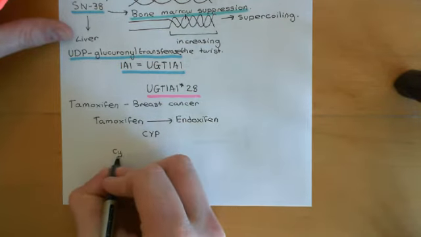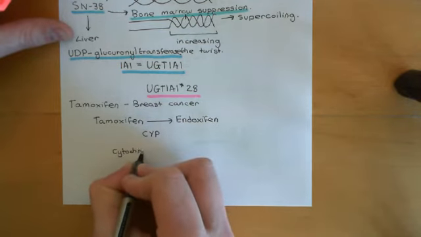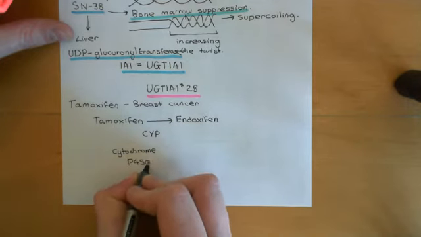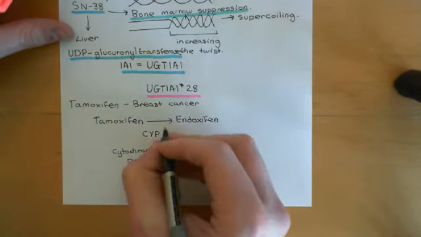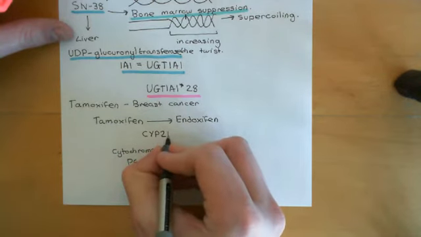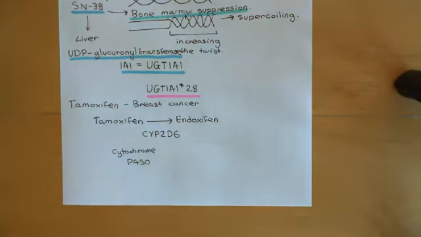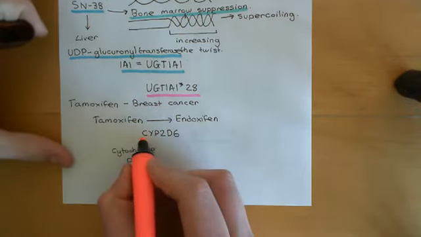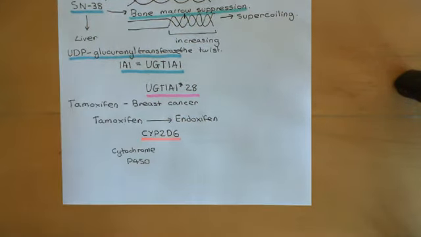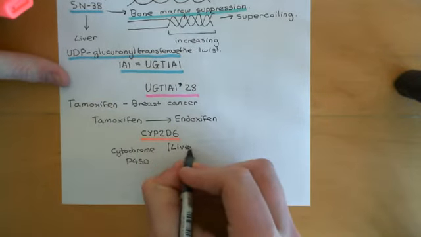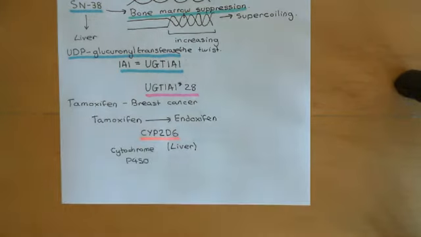CY is for cytochrome, and then the P is for P450. Specifically, the one that does this is cytochrome P450 2D6, which is just its code name, basically. This is a specific cytochrome P450 enzyme that is present in the liver, and this liver enzyme is going to activate the tamoxifen to endoxifen.